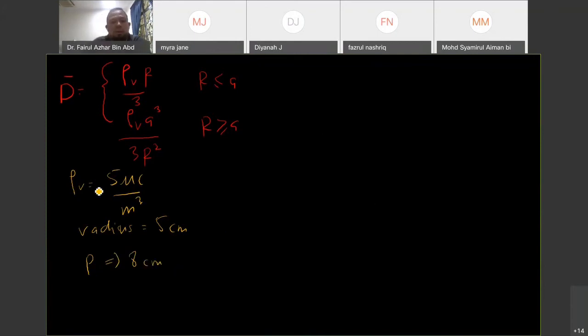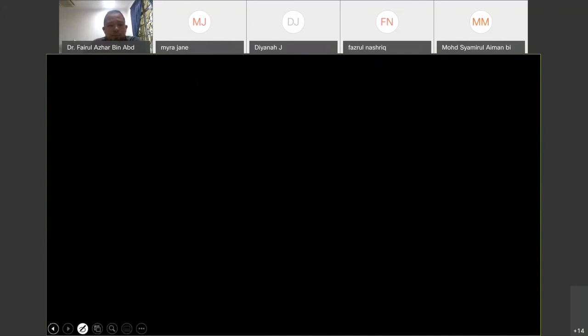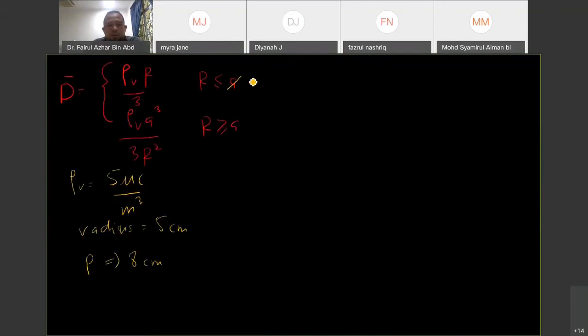So in this case, the radius of the charge is equal to A, so instead of A, we can replace it with 5 centimeter. Then we need to find D at 8 centimeter from the center of the charge. In this particular case, we know that the 8 centimeter is located outside the charge.